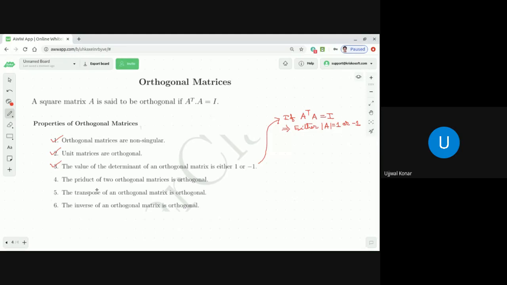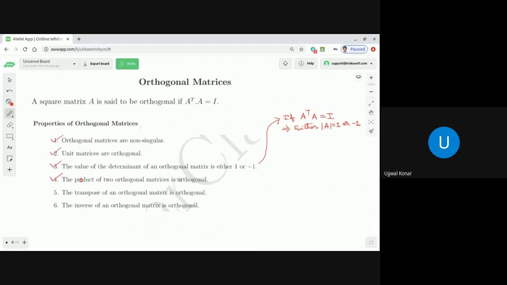The fourth point is that the product of 2 orthogonal matrices is orthogonal. If you have 2 orthogonal matrices, that means A and B, then their product A into B should also be orthogonal.